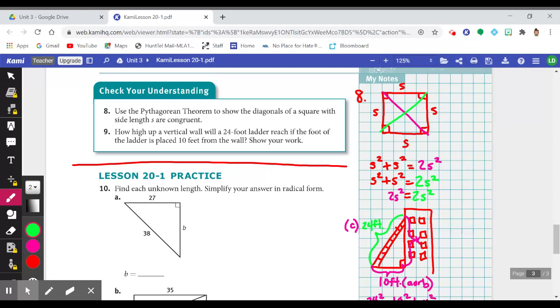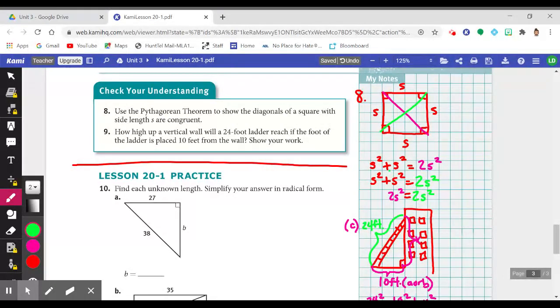So to find the length of this pink segment here, one of the diagonals, I took one side, squared it, plus another side squared, and although we can't actually find an actual value here, a measurement, the length of this diagonal is s squared plus s squared, which is 2s squared.